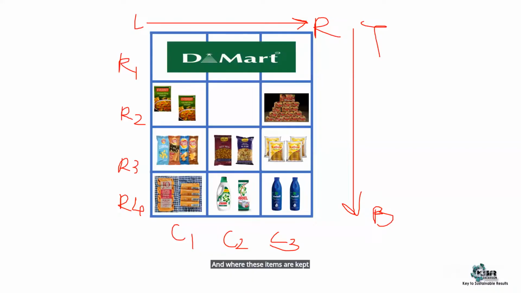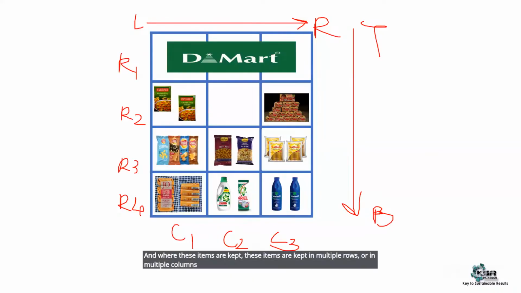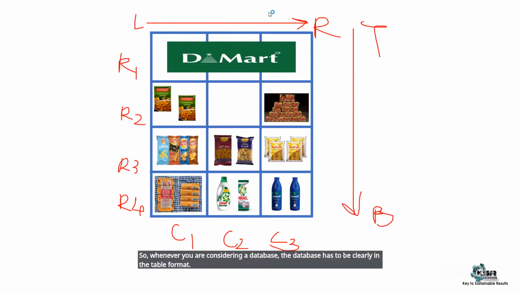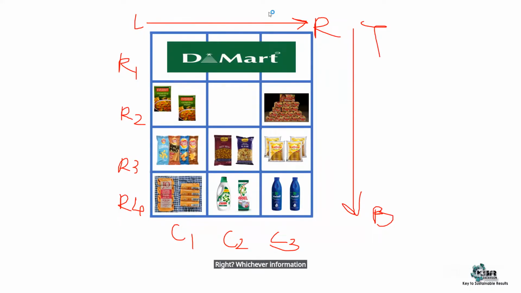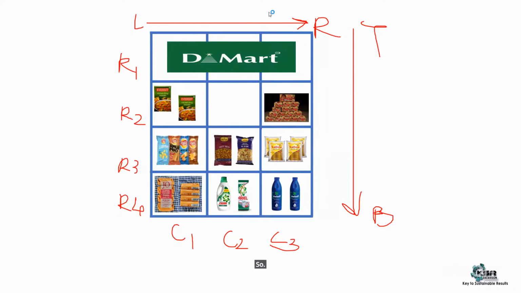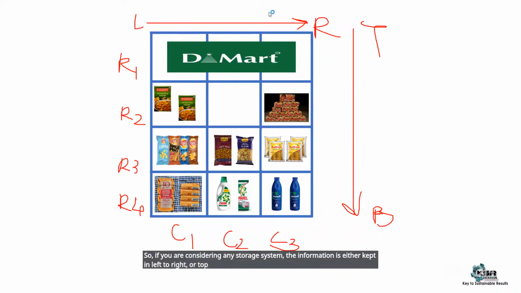These items are kept in multiple rows or columns. Whenever you consider a database, it has to be clearly in table format, whichever information is dumped into it. A database is a storage system, so the information is kept left to right or top to bottom, which are nothing but rows and columns.